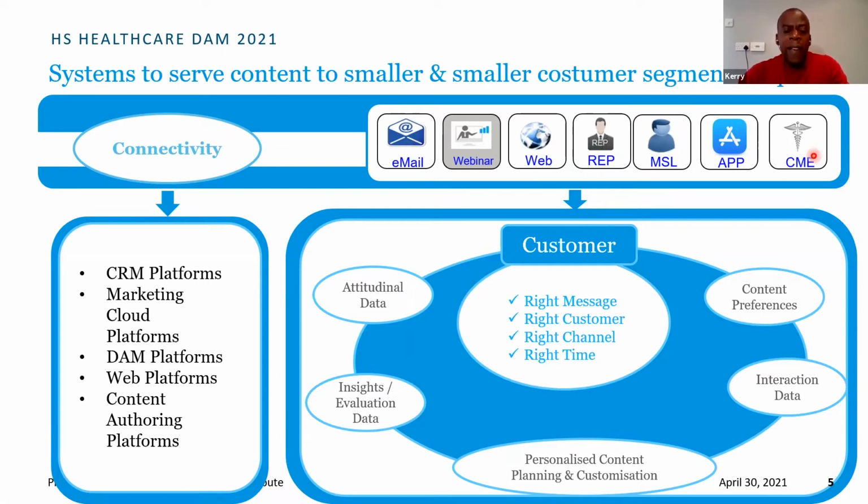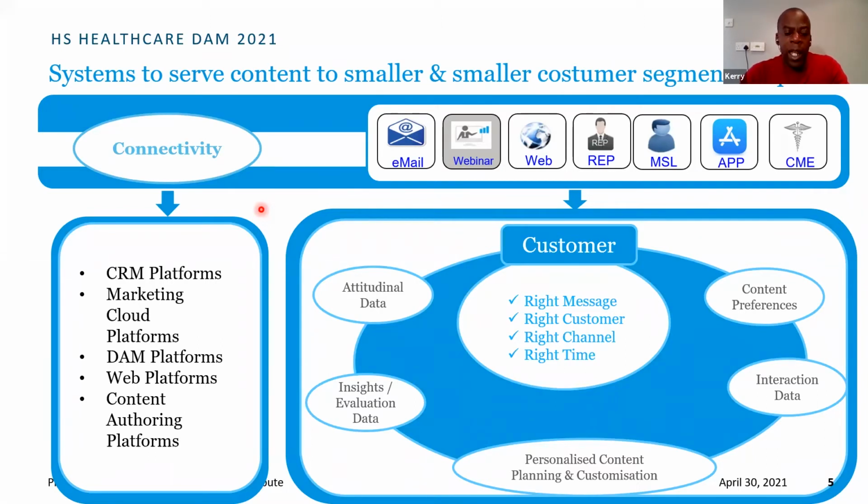Wouldn't it be better to have all of the content components in one place, and then we can just merge these pre-approved components into an email format, webinar format, web format, MSL, detail aid format? So that's what we're talking about in terms of using your DAM for modular content.